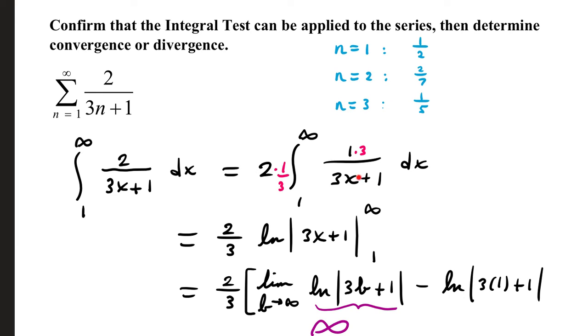If your numerator is only off by a constant to have the derivative, you can multiply that in. Just remember to rebalance it. That's from u substitution that we looked at the very first week of class. So that gives us 2/3, the natural log of the absolute value of 3x plus 1. We're going to look at what happens at infinity and at 1 and take the difference.